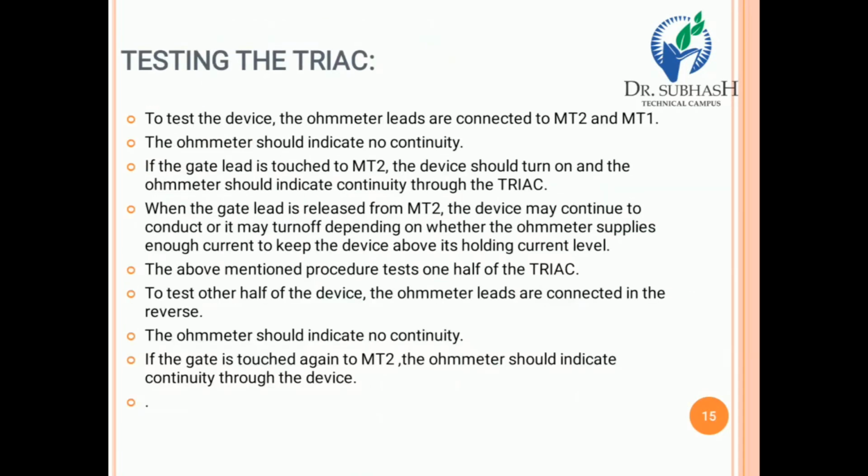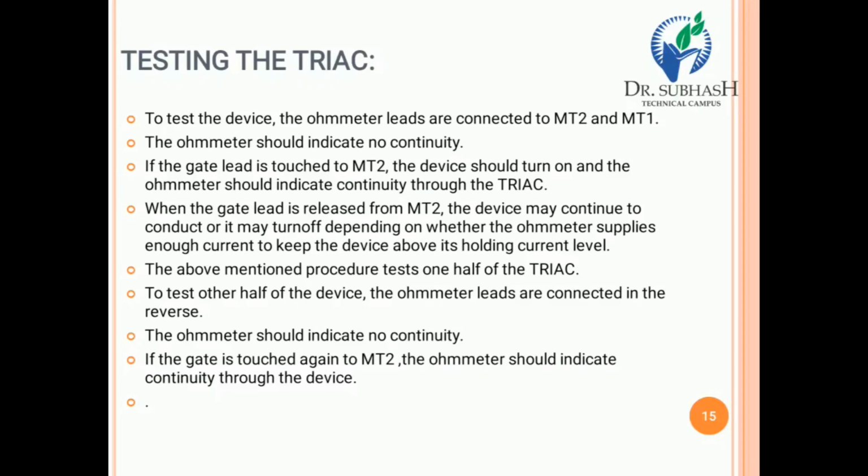Now, how do we test the triacs? That is the most important parameter. To test the device, the ohm meter leads are connected to MT2 and MT1 terminals. The ohm meter should indicate no continuity, right?